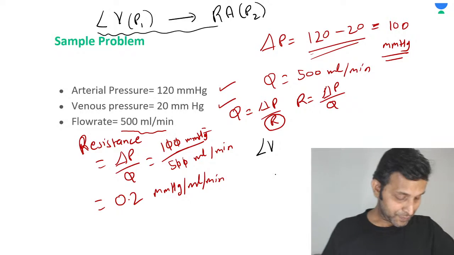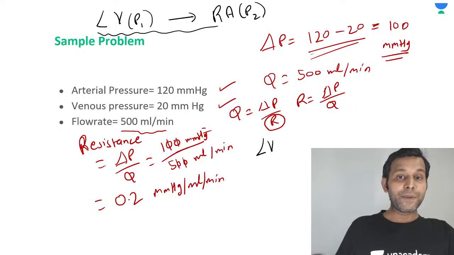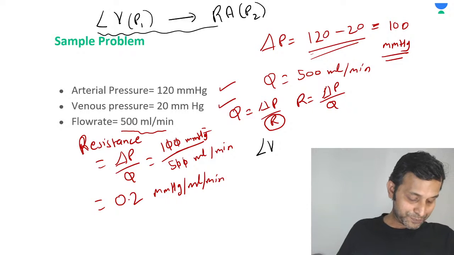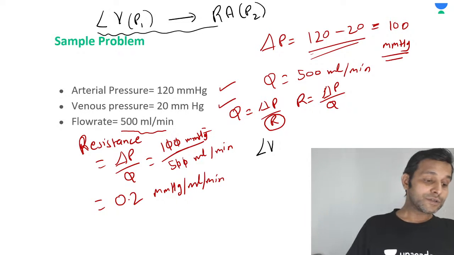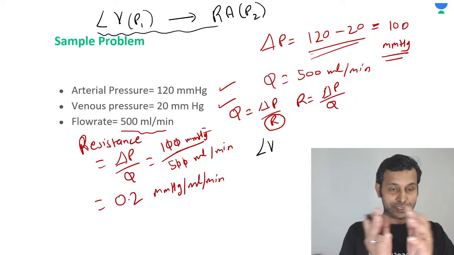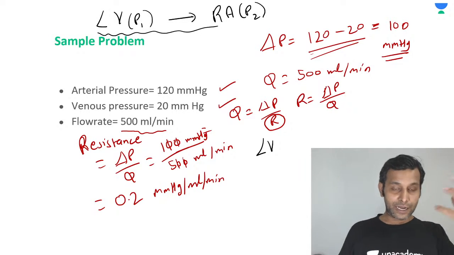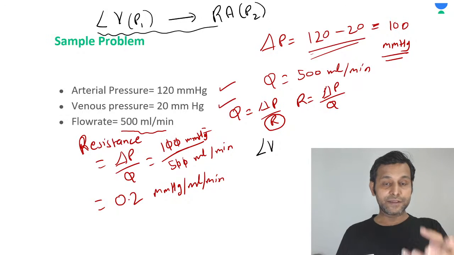Yes, in the arterioles there is a lesser flow rate, very true. I am talking about only two numbers, P1 and P2, Dr. Lakshmi. Yes, because arterioles have a drastically decreased vessel diameter as compared to the major arteries. See, we have the aorta, then larger arteries, and then arterioles.